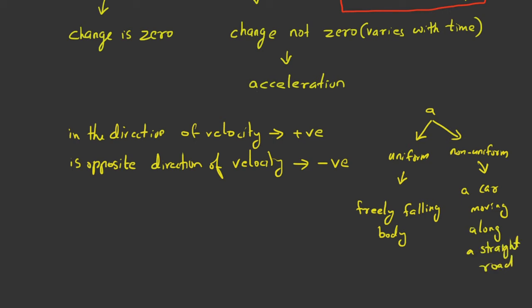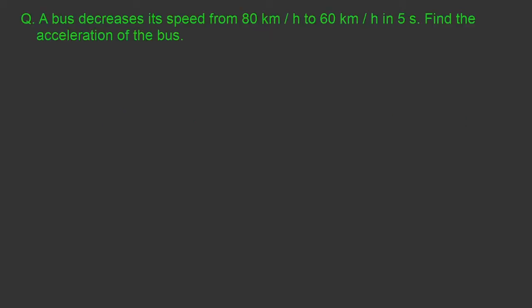Let us do one problem to calculate acceleration. A bus decreases its speed from 80 km per hour to 60 km per hour in 5 seconds. Find the acceleration of the bus. It is given the initial speed u is equal to 80 km per hour. Final speed is given as 60 km per hour.